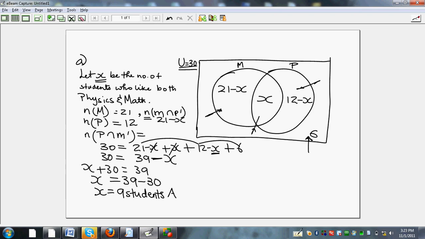That's an answer. For part B now, they asked those that like math only. And we know math only was 21 minus x. So you write math only, which is the same thing as the number of people that like math and not physics, is equal to 21 minus x or 21 minus 9.